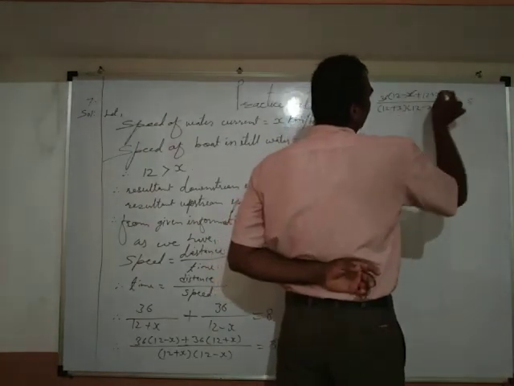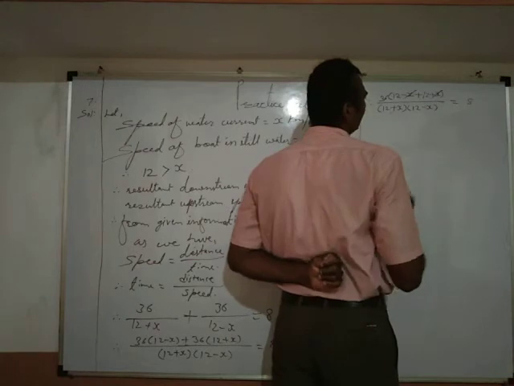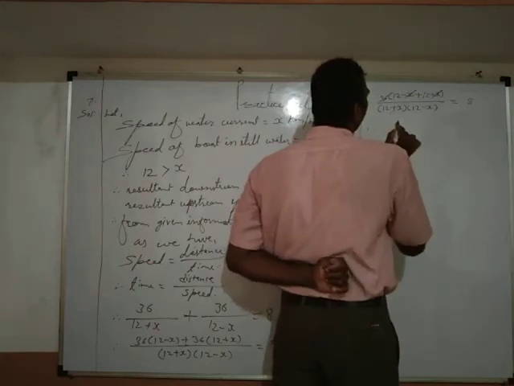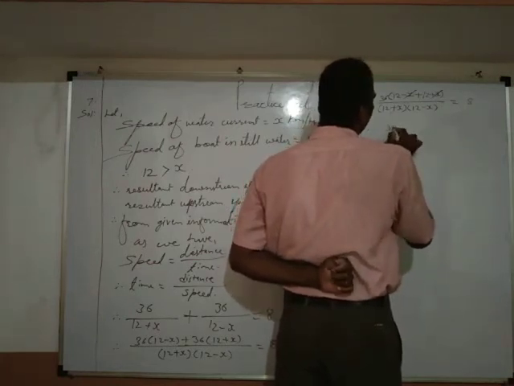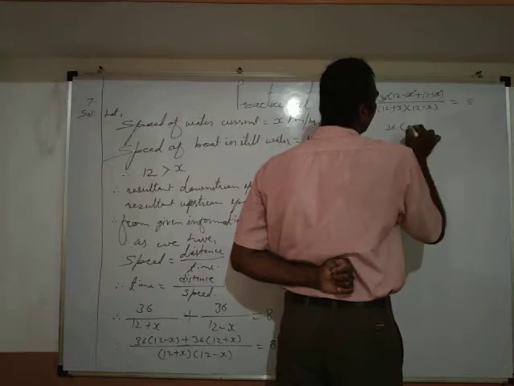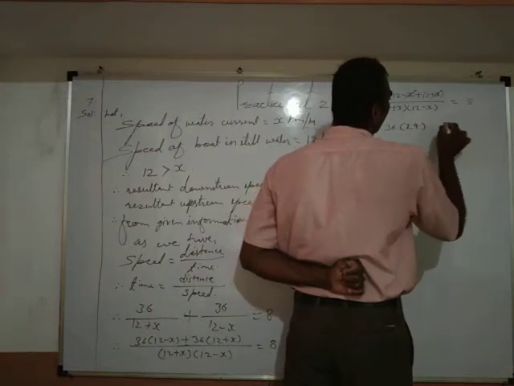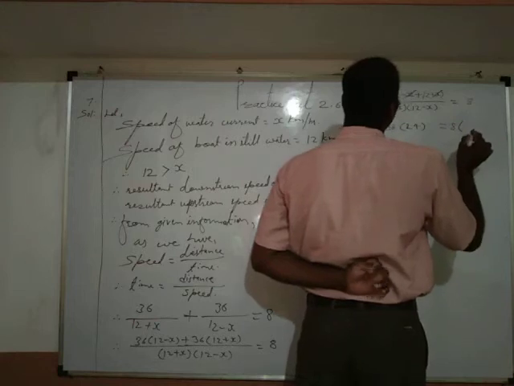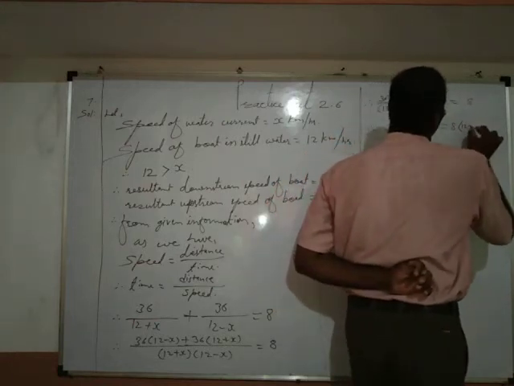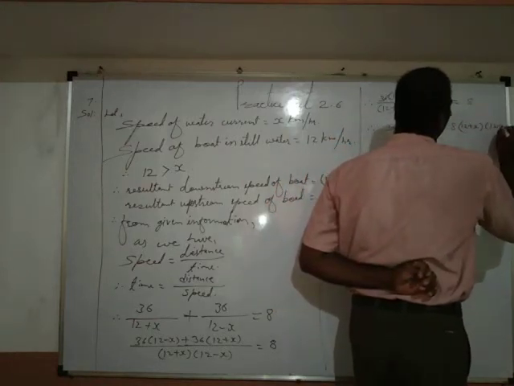Now minus x plus x will cancel each other, and therefore it will be like this: 36 into 12 plus 12 gives us 24 equals 8 into 12 plus x into 12 minus x.